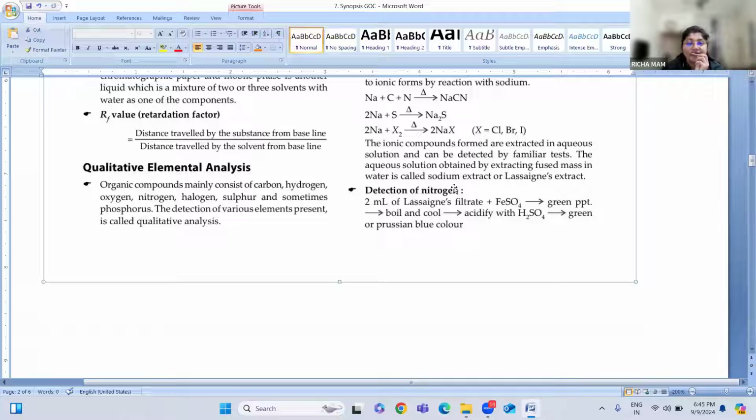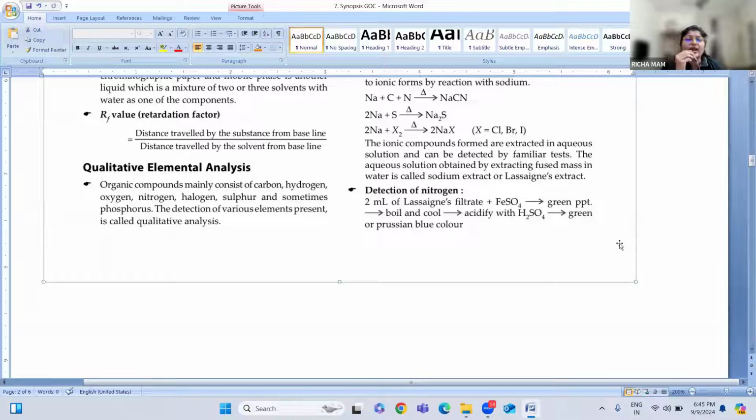Now, how to detect the presence of nitrogen? Take 2 ml of the Lassaigne's extract. To that, you are going to add FeSO4, that is ferrous sulfate. If the solution contains nitrogen, it will give a green precipitate. This green precipitate, you have to boil and then cool.